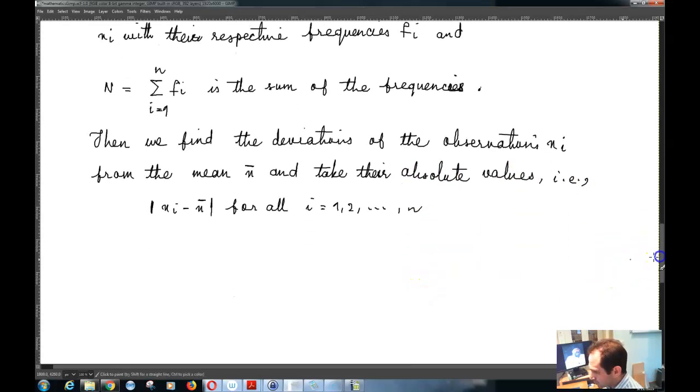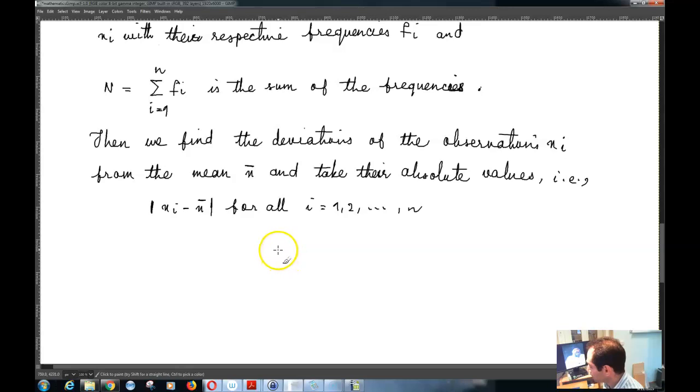And after this, it's basically the same procedure that we did. The only thing that we did here is introduce a more convenient way to calculate x bar. That's basically all we did here.